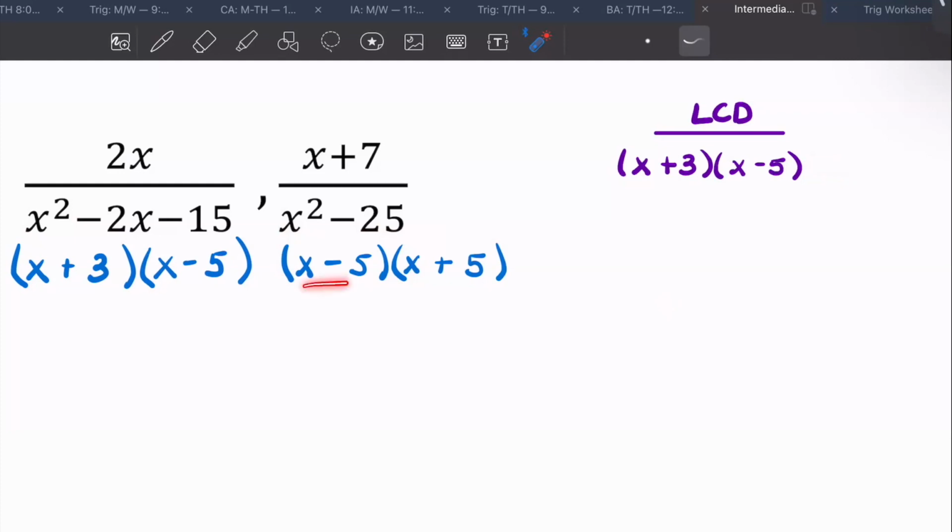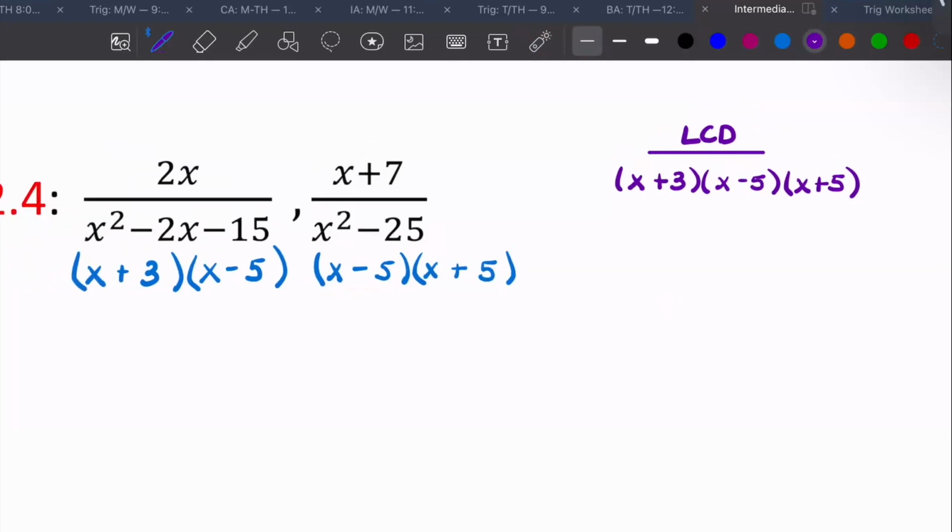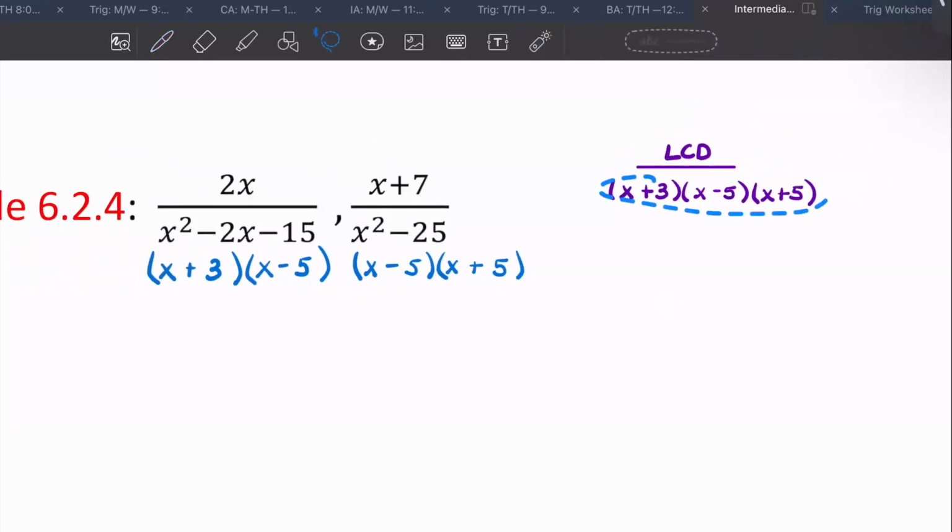Okay. We have x minus 5 already, so we're not going to write it. We do not have x plus 5. Okay. Like I said, everything in your denominator needs to be accounted for one time. Okay. So this would be your least common denominator.